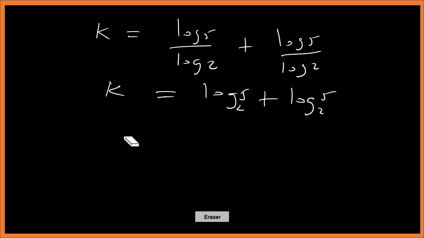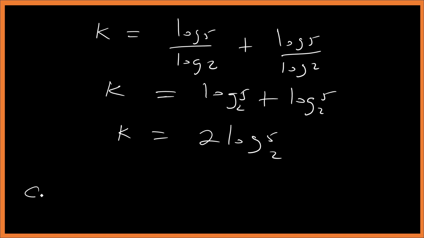So this side is the same as k equals 2 log 5 to base 2. It's like saying a plus a is 2a. So we have k as that.